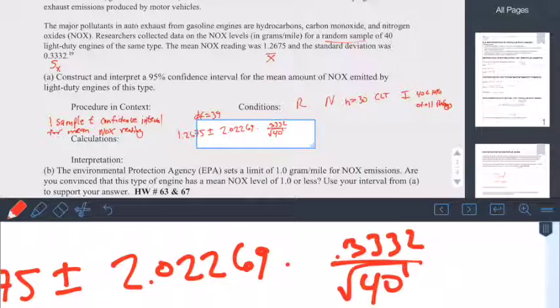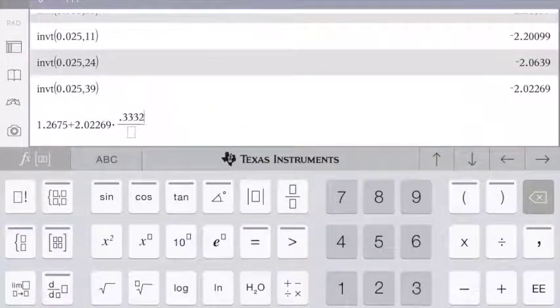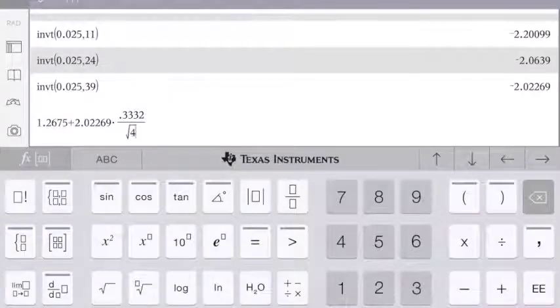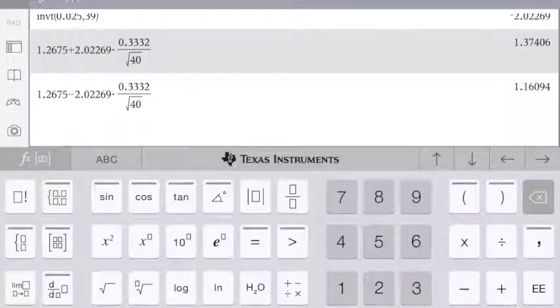Put all this in the calculator. And there's our confidence interval, 1.16 to 1.37.